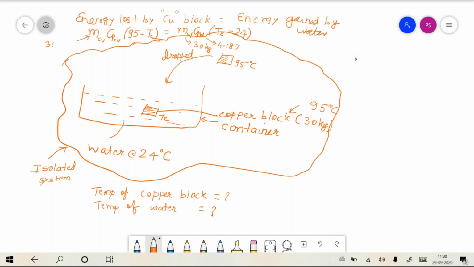If you substitute these values, the answer is around 30 degrees centigrade. Kunal and Sushant got it correct.